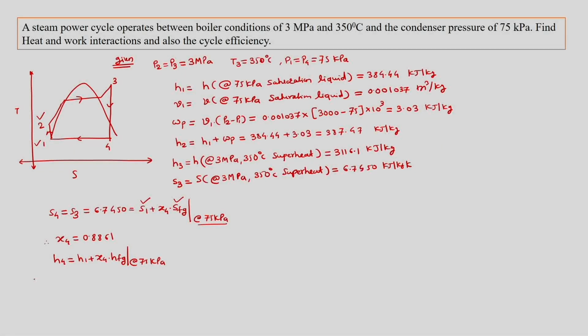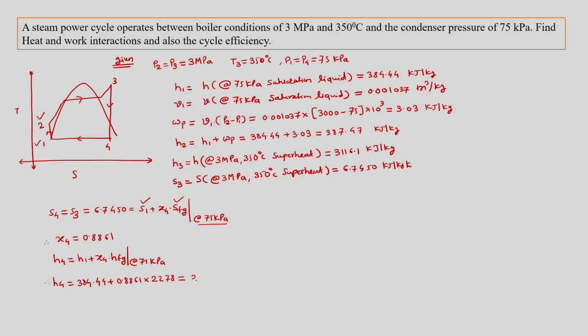Suppose HFG is given, so we first know H1, which is 384.44, plus X4, which is 0.8861, and HFG would be known to us from the steam table, it is 2278.